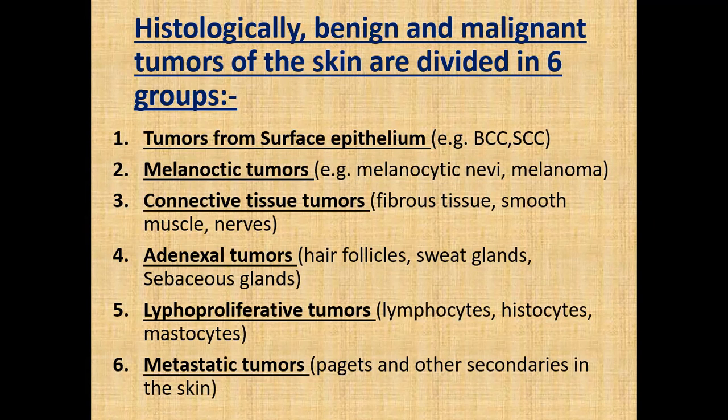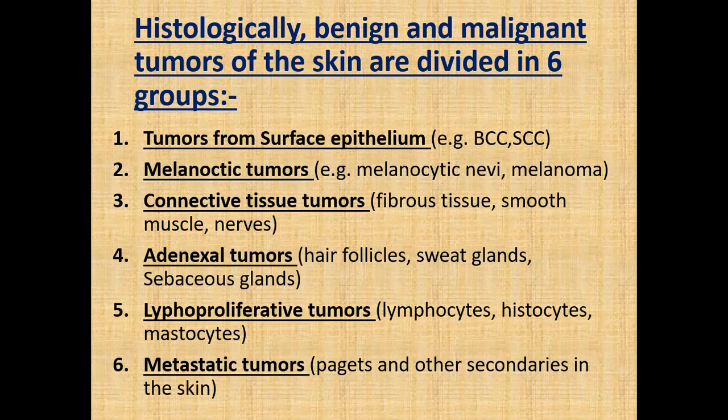Fifth variety of tumors which we come across in dermatology are the lymphoproliferative tumors. These tumors include mainly cutaneous T-cell lymphomas or B-cell lymphomas, then several different kinds of histiocytosis and mastocytosis. And last of all are the metastatic tumors.